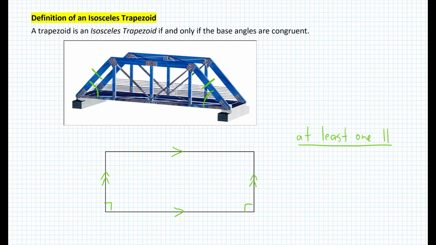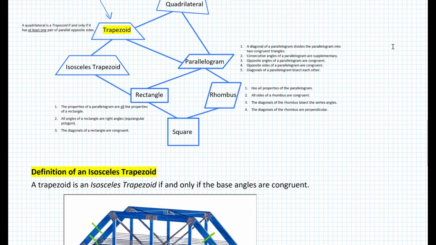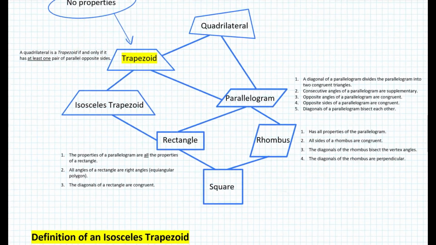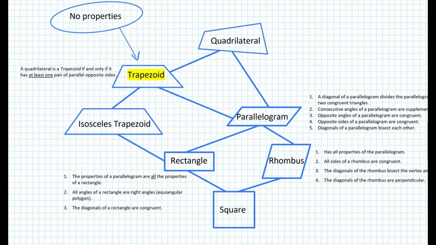That is the reason why, if we go back to the hierarchy of all the quadrilaterals, isosceles trapezoids are connected with rectangles, because every rectangle is also considered an isosceles trapezoid.